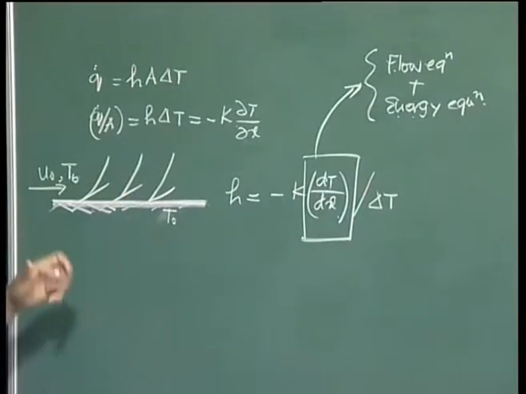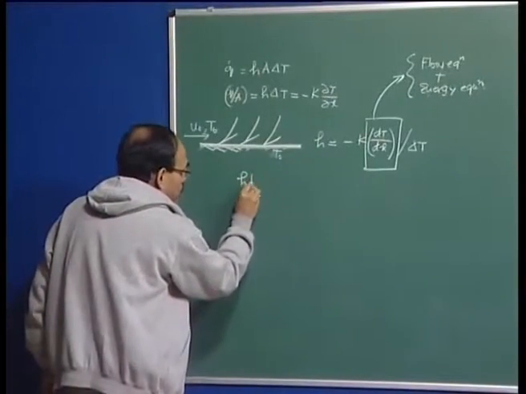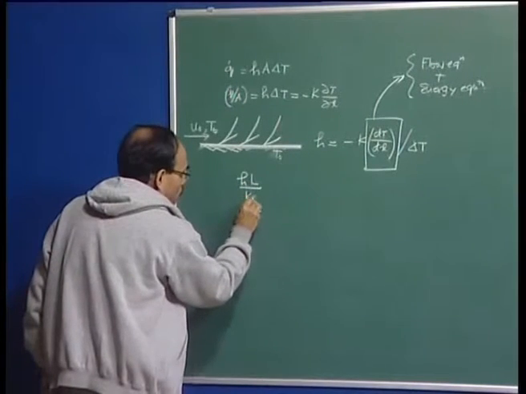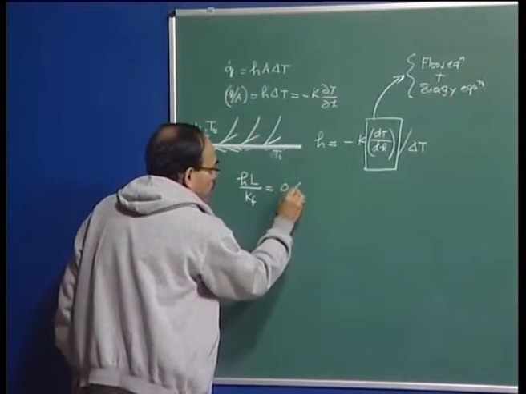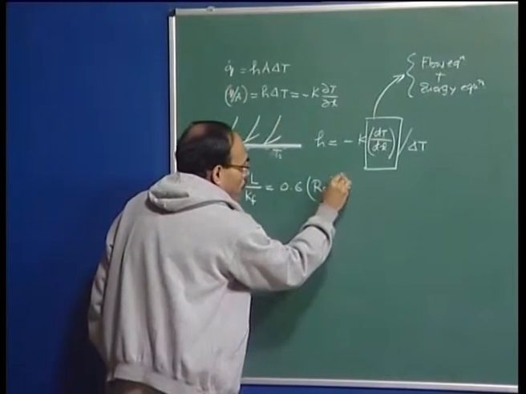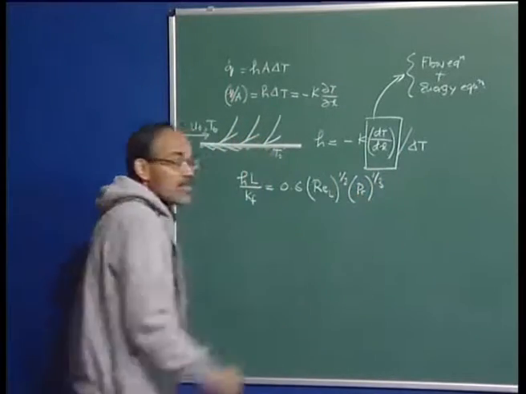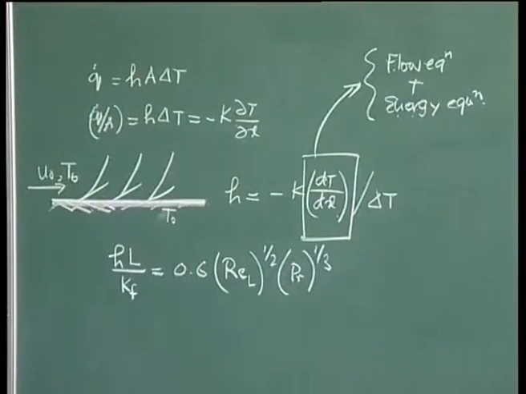And in this particular case, we can find out that it will come out to be exactly this. This is a flat plate forced convective heat transfer correlation.